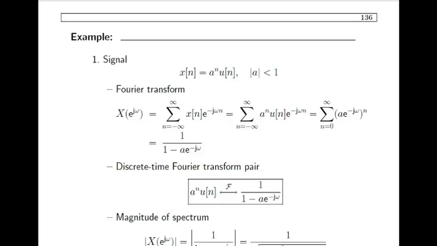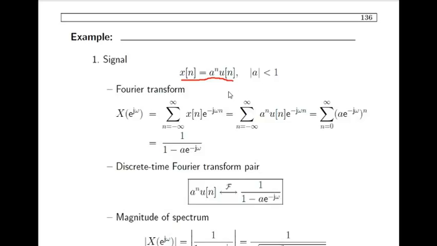First we are taking a signal where x of n is a to the power n u of n. U of n, as you all remember, is the unit step function for the discrete time case, and we are given a constraint that mod a is less than 1. For the Fourier transform x of e to the power j omega, it will be summation n equals minus infinity to infinity x of n e to the power minus j omega n.